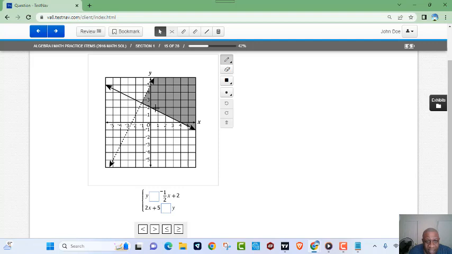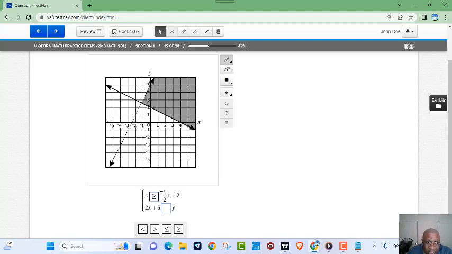So with that line being a solid line, which means equal, and then above, so that means y is greater than or equal to negative 1/2 x plus 2. So we'll put greater than or equal to. Now here we have 2x plus 5.